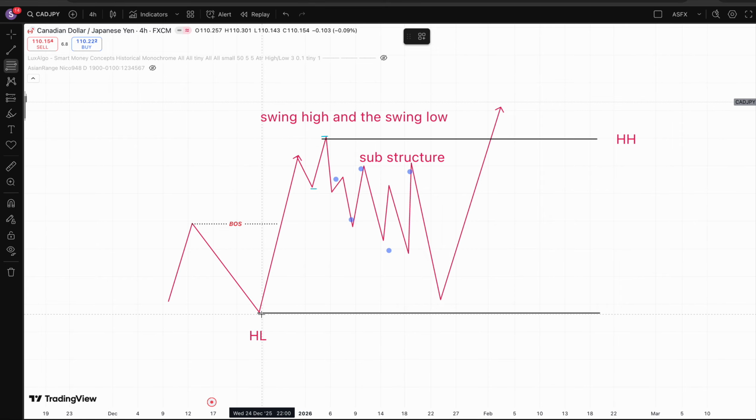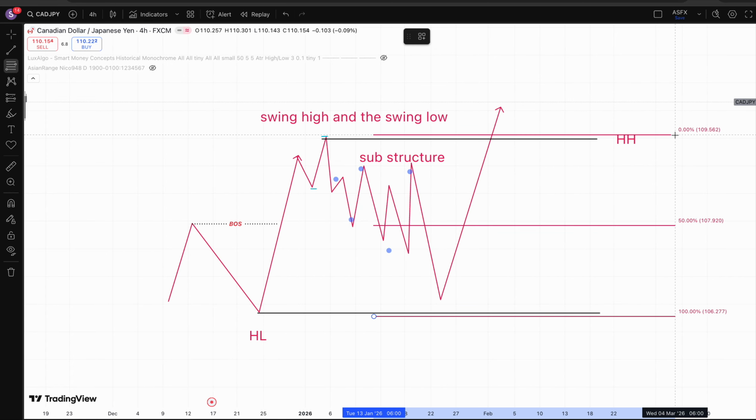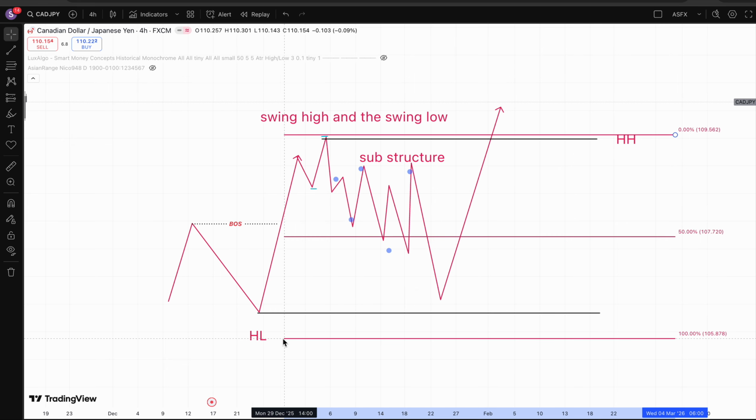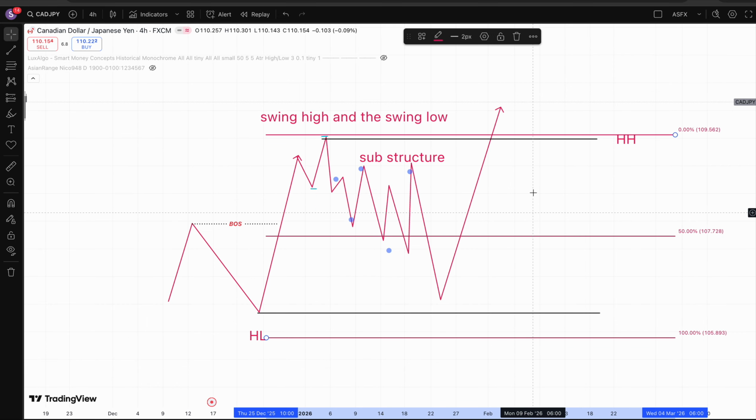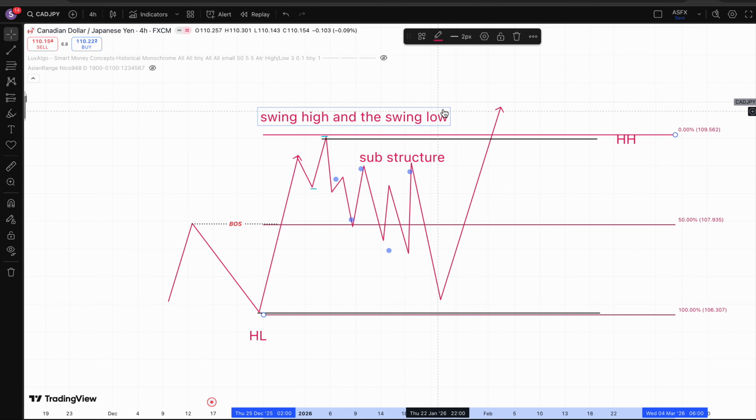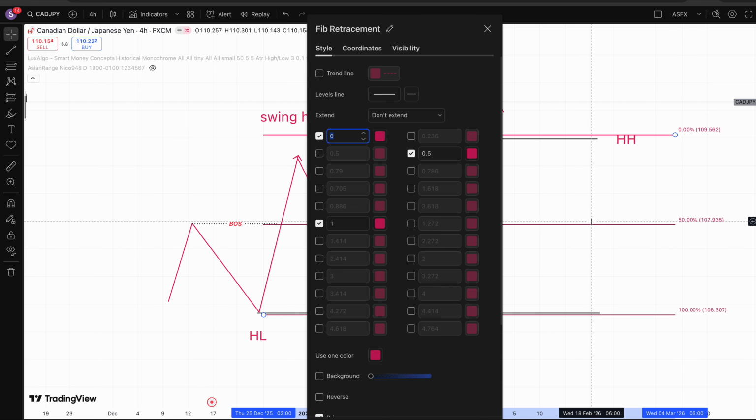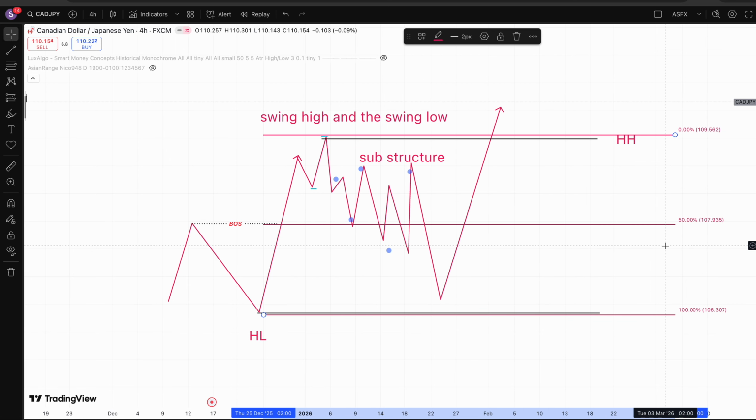From your swing low to your swing high, you draw your Fibonacci tool. And by the way, if you want my Fibonacci settings, this is my Fibonacci settings. Maybe you should take a screenshot of it. Yes, this is my settings. It's just 0, 50%, and 100.